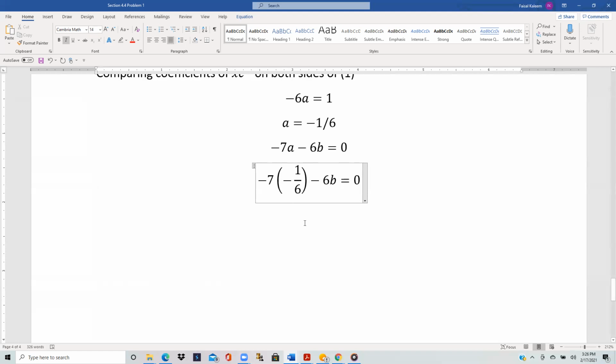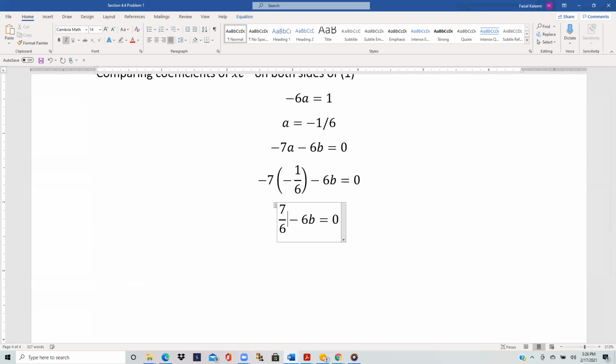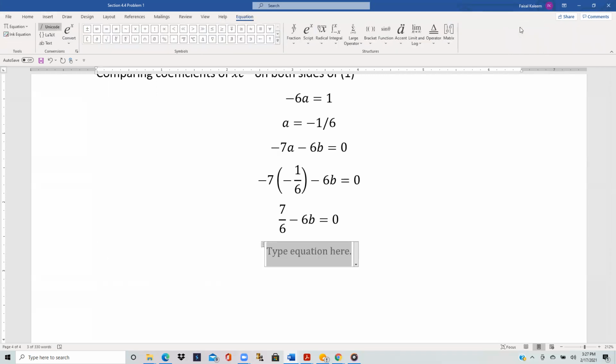This simplifies to 7 by 6. Minus 6b is equal to 0, so 7 by 6 equals 6b.